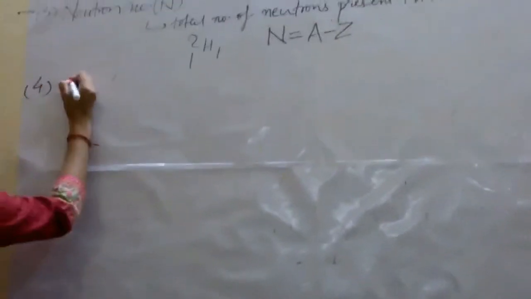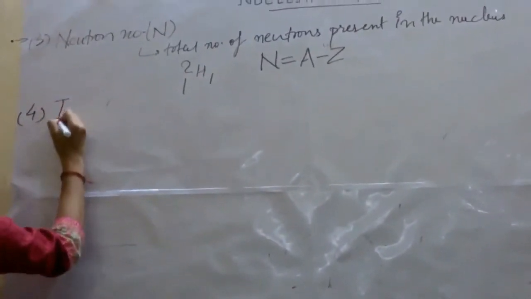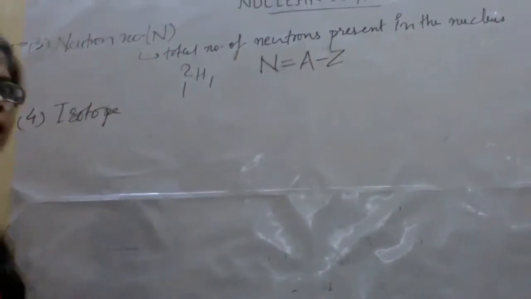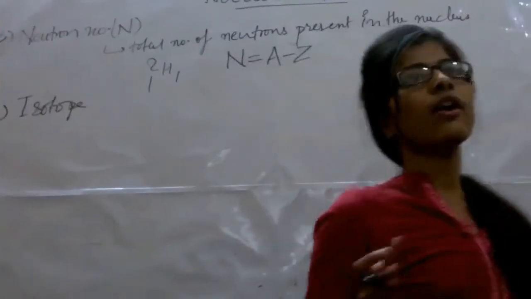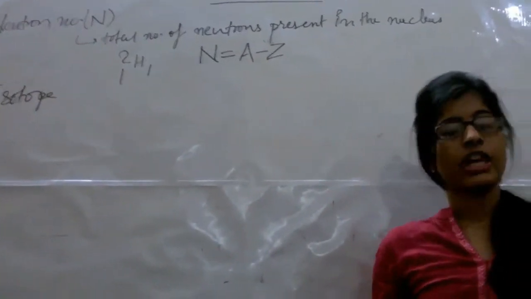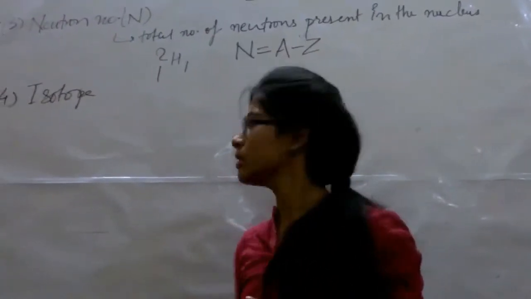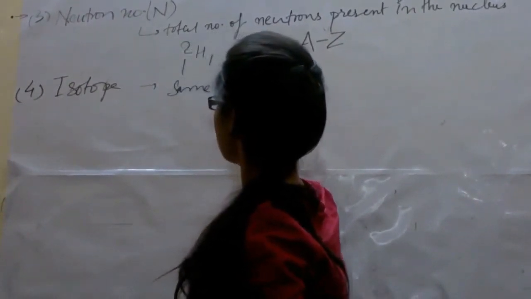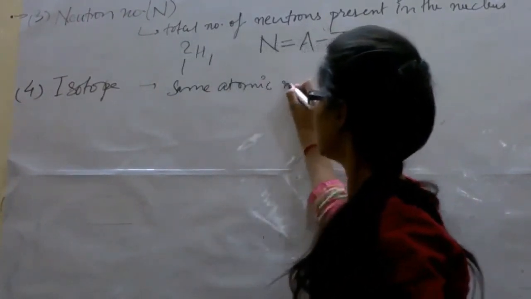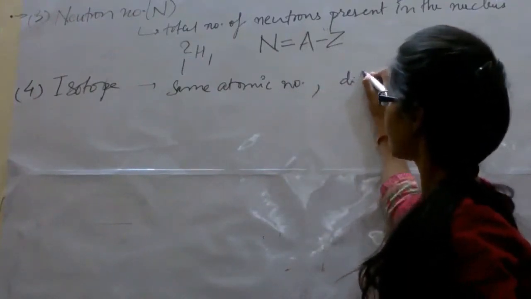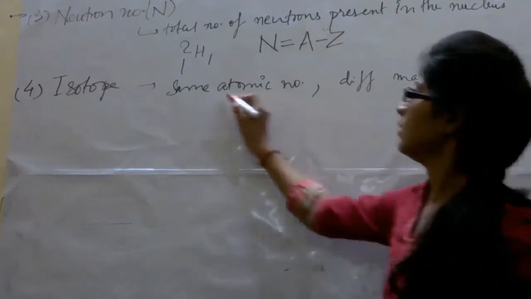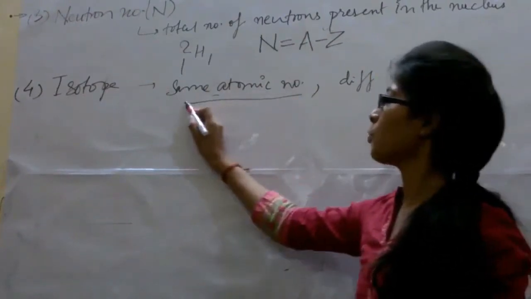Next we have isotope. What is an isotope? Isotopes are nuclei of the same element which have the same atomic number but different mass numbers. Same atomic number, different mass numbers. The point to be noted is same atomic number.